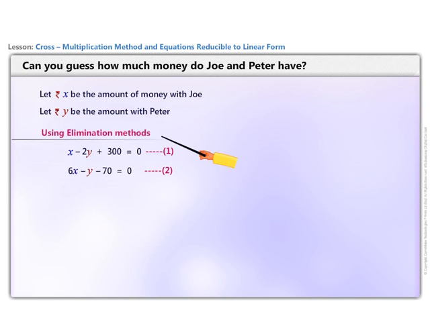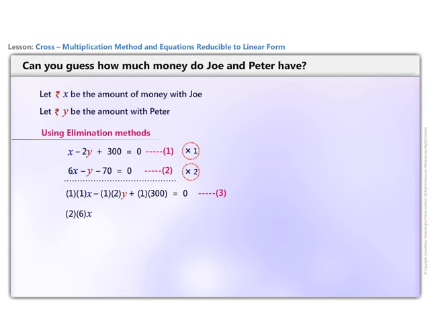Now, let us use the elimination method to solve these equations. Multiply equation 1 by 1 and equation 2 by 2 to make the coefficients of y equal. Then we get the following equations: 1 × 1x - 1 × 2y + 1 × 300 = 0, equation 3. 2 × 6x - 2 × 1y - 2 × 70 = 0, equation 4.